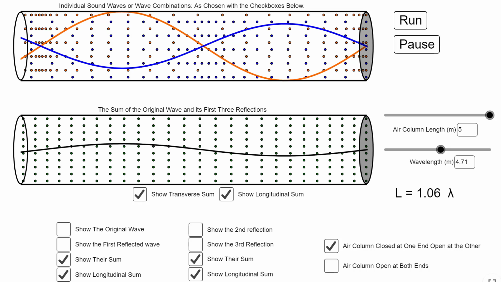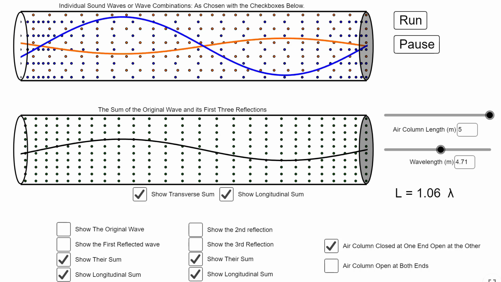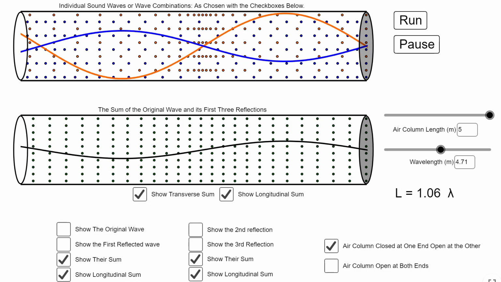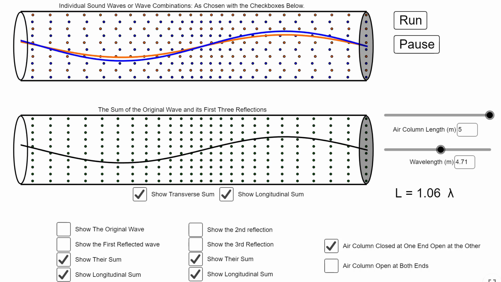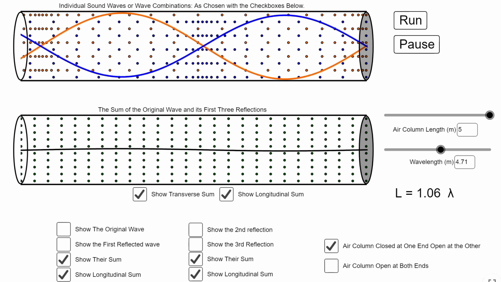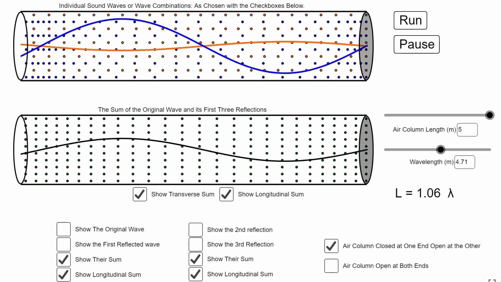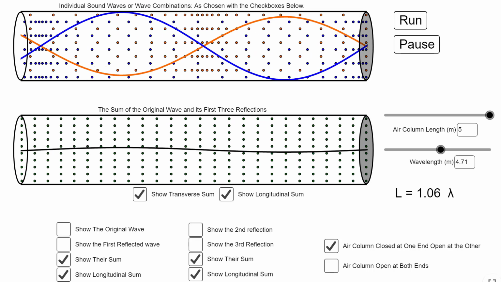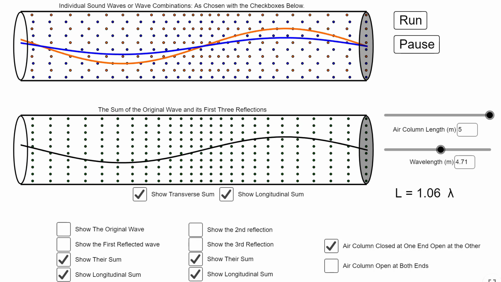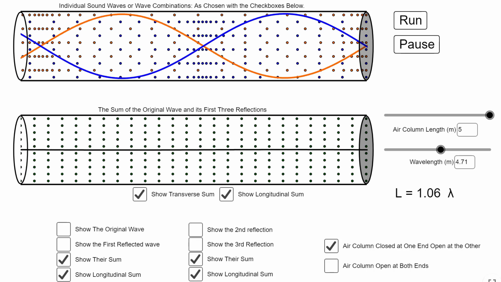In this simulation, we have two pipes, on the top and at the bottom, which illustrate the movement of air molecules. On the top pipe, we have two waves, the blue one and the orange one, which indicate the incident wave traveling from left to right and the reflected wave traveling back from right to left.